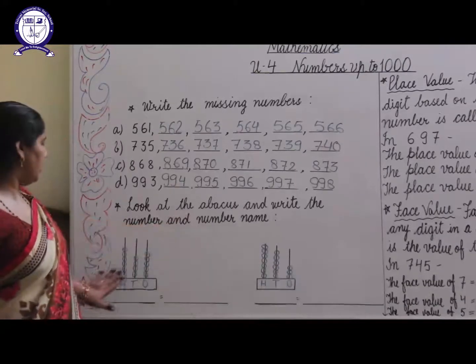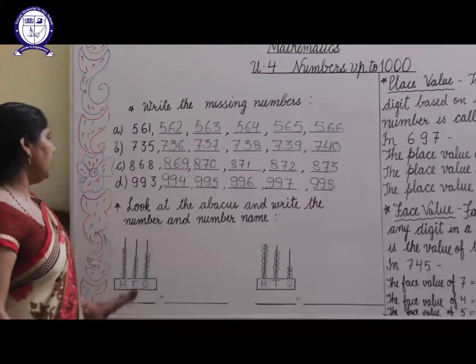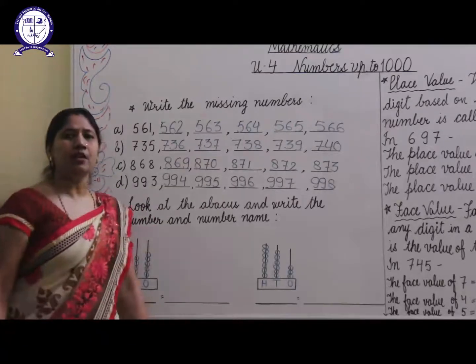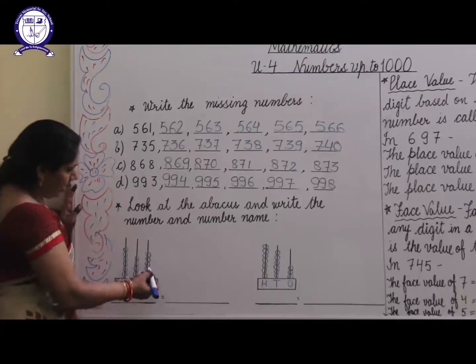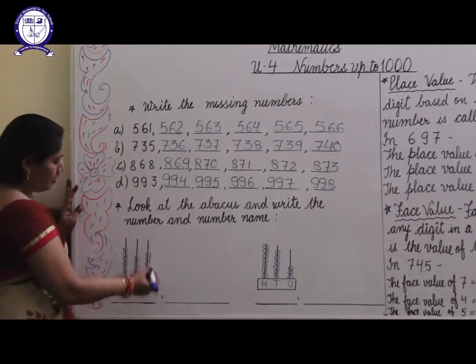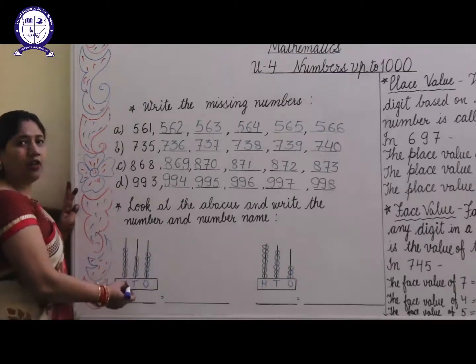Look at the abacus. Here are two examples of abacus. Write the number and the number name. So friends, firstly look at the abacus. There are three spikes. One for ones, second for tens, and third for 100.